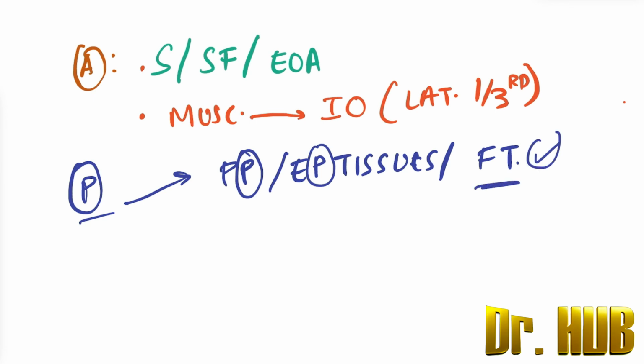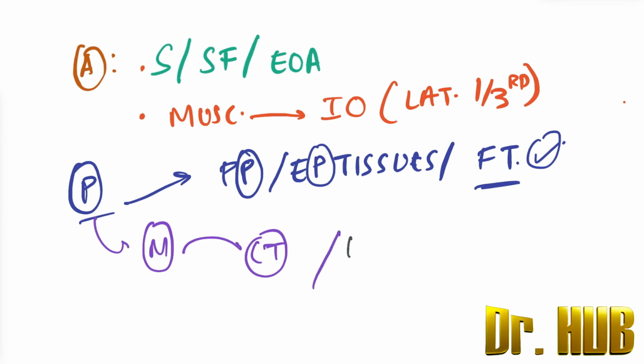Then in the posterior wall there is also medial reinforcement by the conjoint tendon and the reflected part of the inguinal ligament.